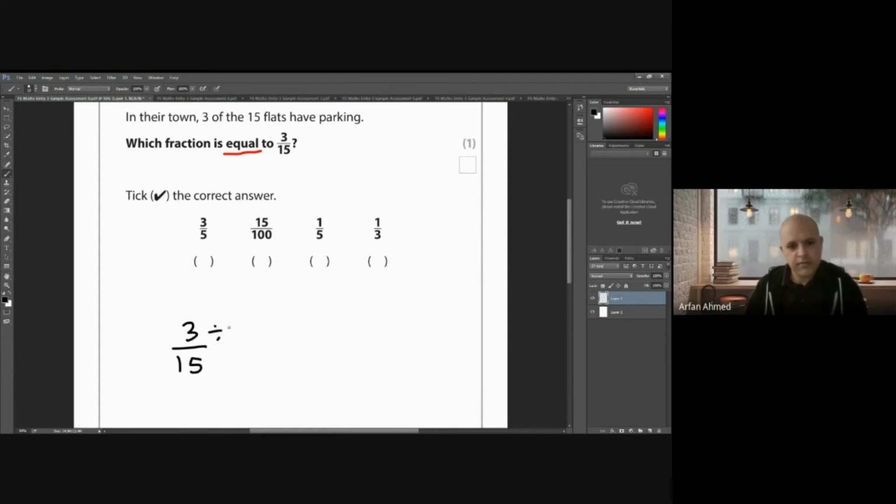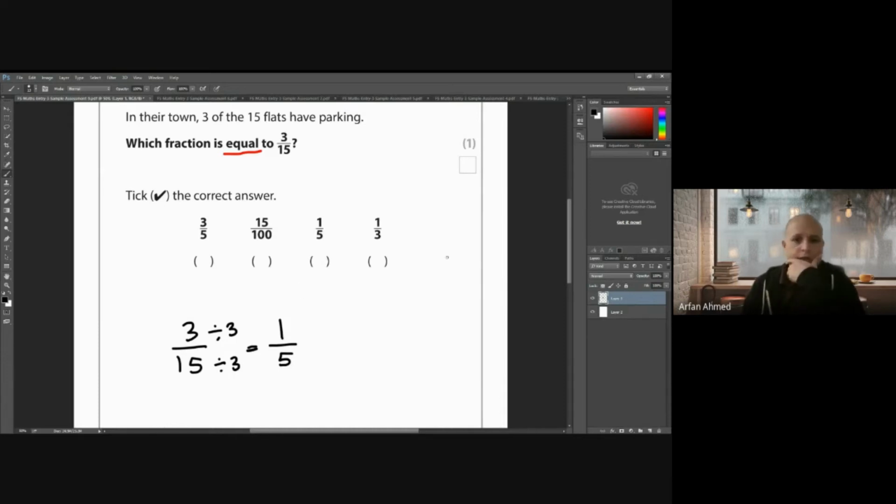Well, we can divide the top number by 3, and 3 goes into 15 as well. How many 3s go into 3? Once. How many 3s go into 15? 5 exactly. So there you go. It's actually a 5th.